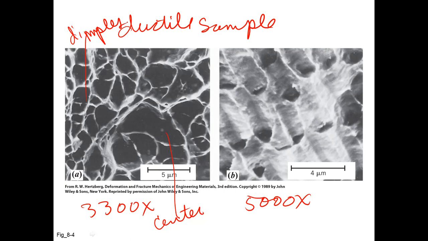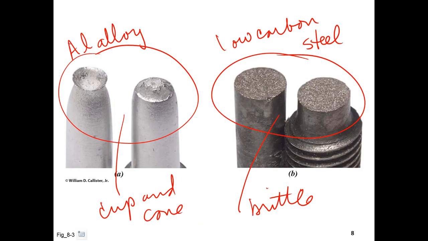And on the edges, where the shear failure occurs, we see those same dimples, but at a different angle because of the unique angular feature at the edges. Let's go back and look at those. So here, this is where the dimples are coming from at high magnification, and this is the shear region at high magnification.